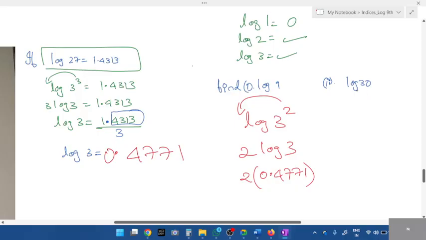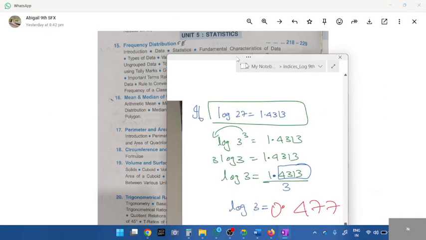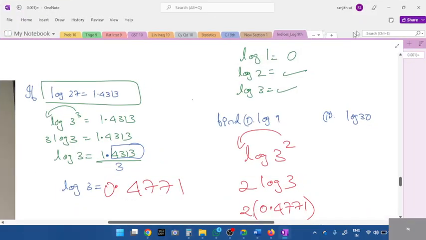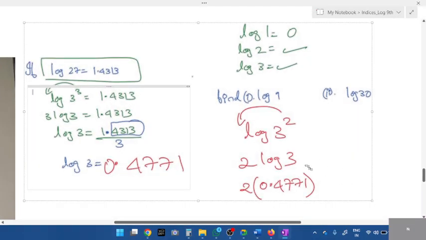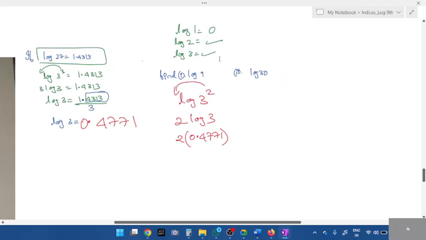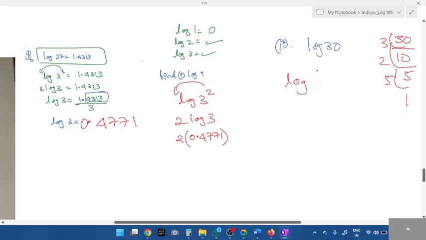Double. Okay, factorize log 30. What is log 30, students? Complete it. Log 30, if you factorize, you'll get 3 tens are 30, 2 fives are 10, 5 ones are 5. You can write it as log 3 into 2 into 5.